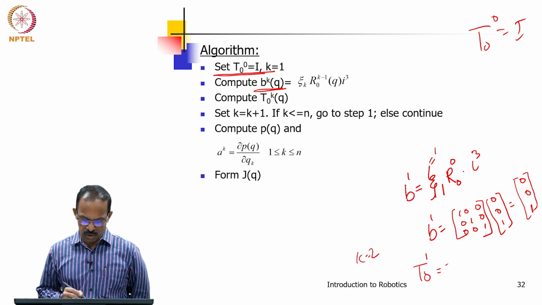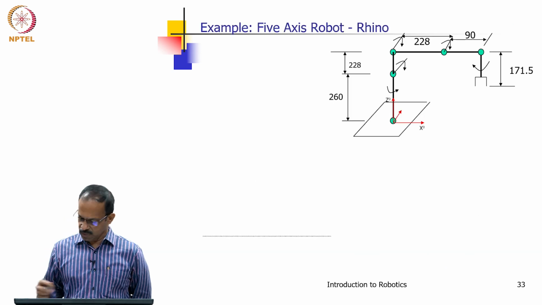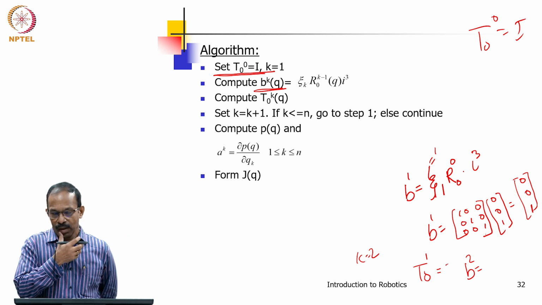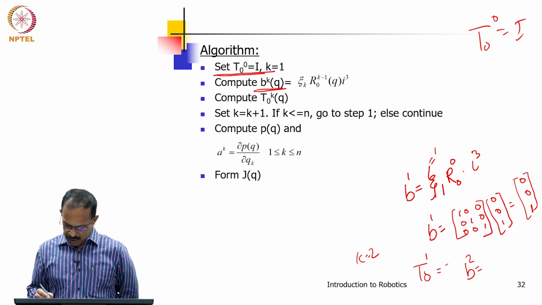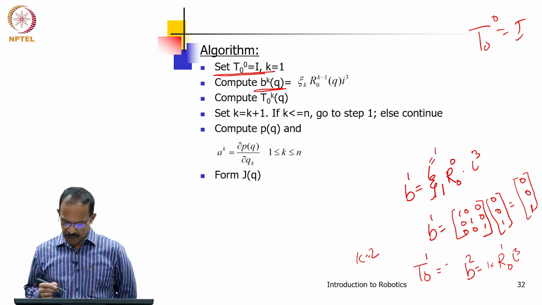So now k is equal to 2, then go to B2. B2 will again be xi2 R0 1 I3. If it is a rotary joint, it will be 1, R0 to 1, I3.